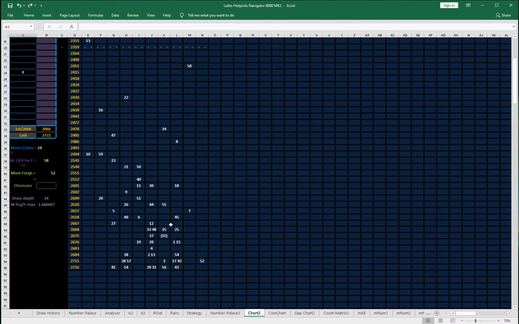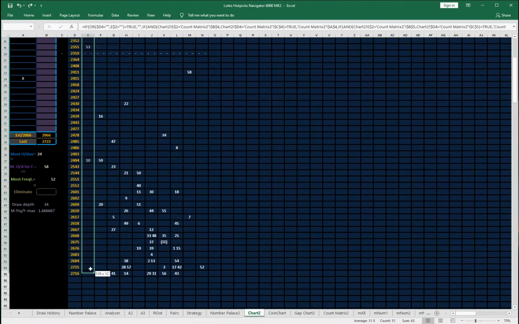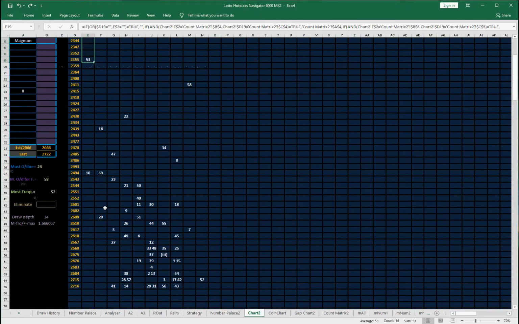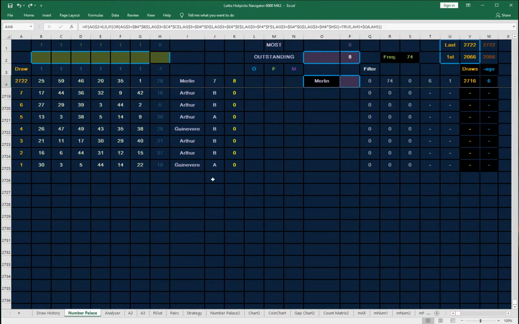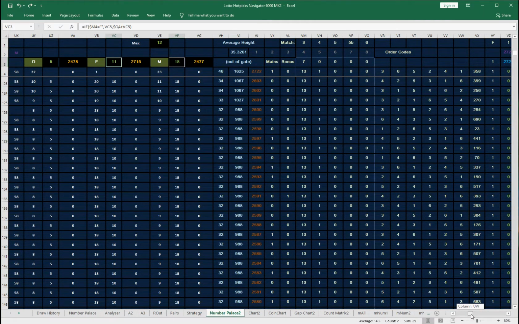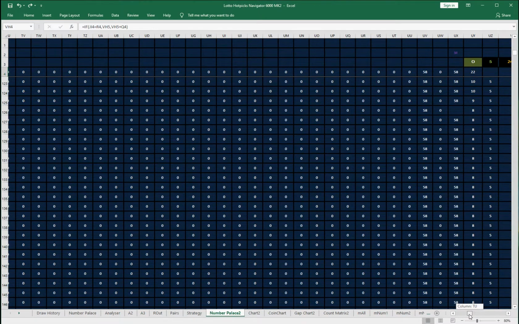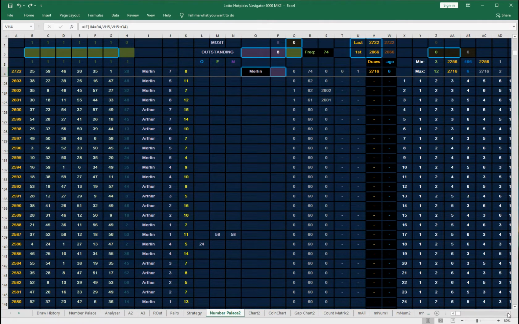So if you're picking your numbers, and suppose you want to pick the one that's most overdue for this ball set, then you would pick 24. And because it's above the average height of the chart, now the average height is defined using a very simple system where basically what we do is we keep track of which one of these numbers is most overdue.